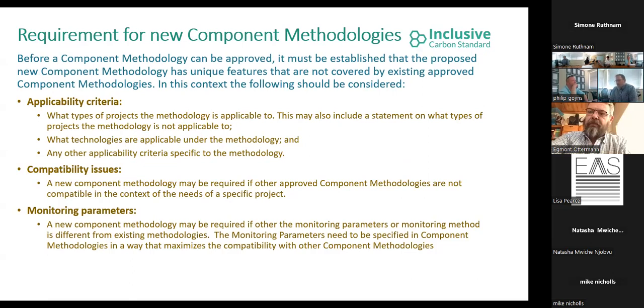And we've defined these three main areas where information is needed. First of all, the applicability criterion. So when do you need a new component methodology? And applicability criteria would define when you need a new component methodology.